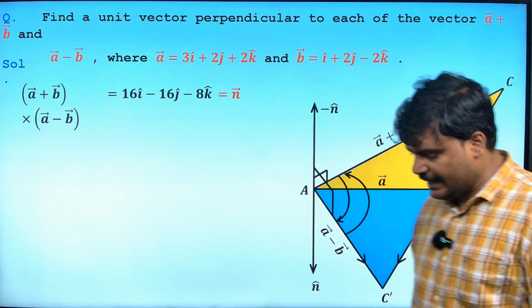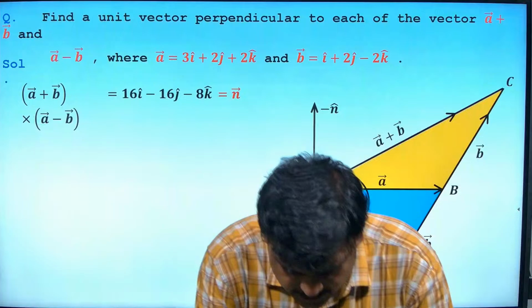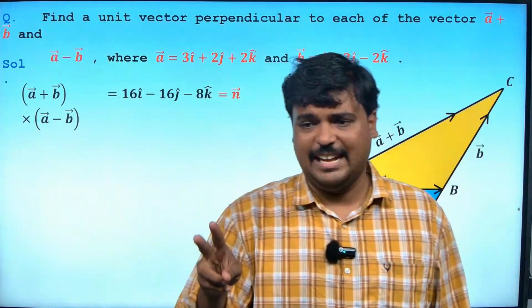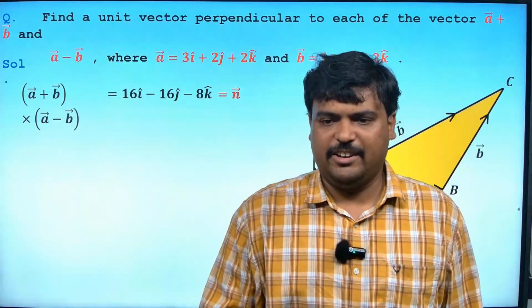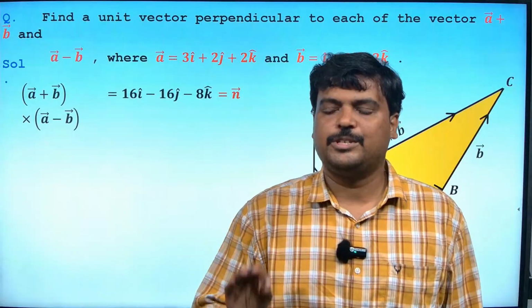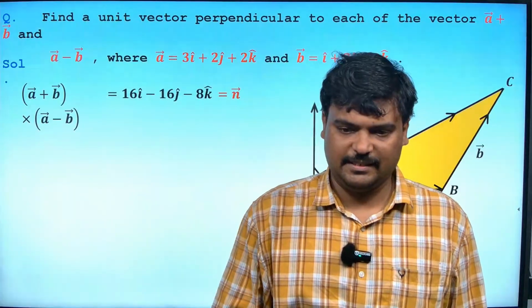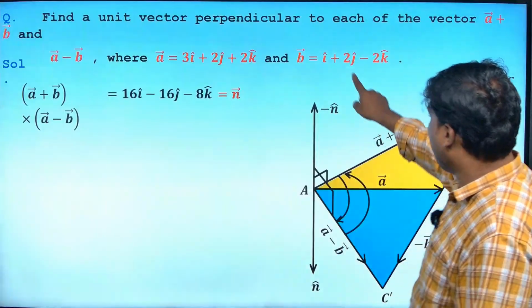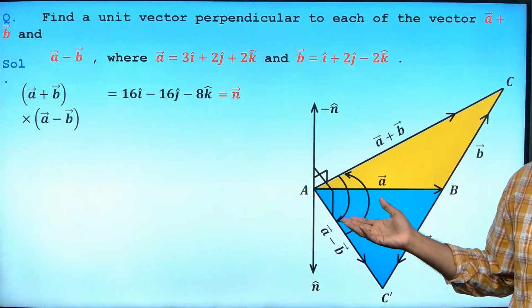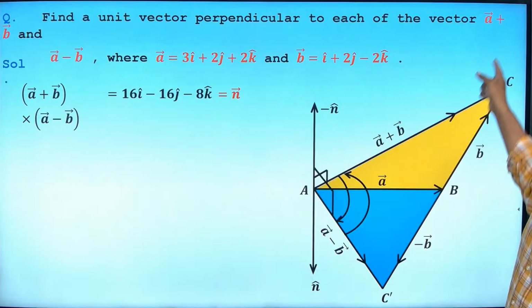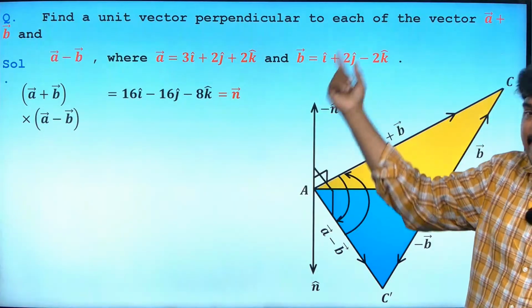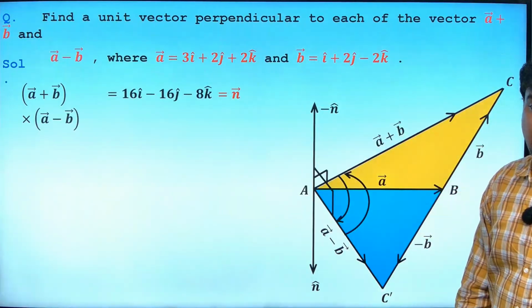Listen, guys. If there are two vectors and a vector has to be perpendicular to them, what I'm supposed to do is find the cross product. But if I give the vectors directly, it won't be that interesting. So they say find A plus B, find A minus B, then find the unit vector of the perpendicular.